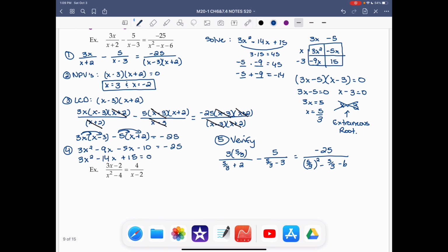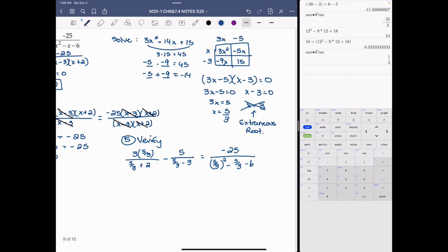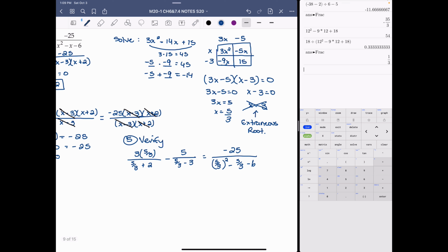I'm going to plug this into my calculator. Left side, 3 times 5 divided by 3 divided by, brackets for the denominator, 5 over 3 plus 2, close the brackets, and then minus the next fraction, 5 divided by, brackets for the denominator, 5 over 3 minus 3.